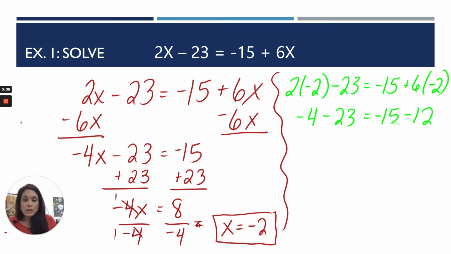All right, when I bring this together, negative 4 minus 23 is negative 27. And negative 15 minus 12 is negative 27. This is equal to one another, so I know that x equals negative 2 is a correct answer.